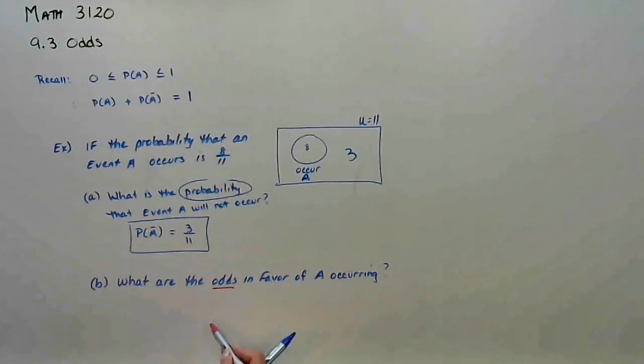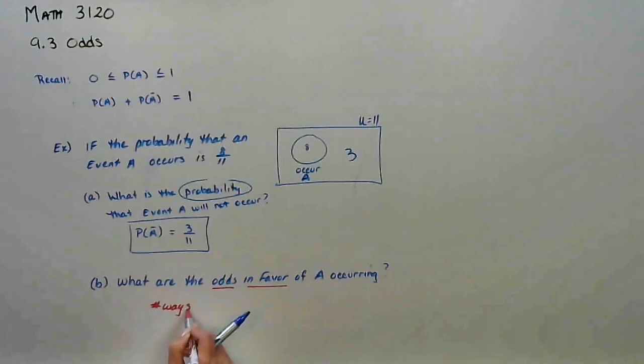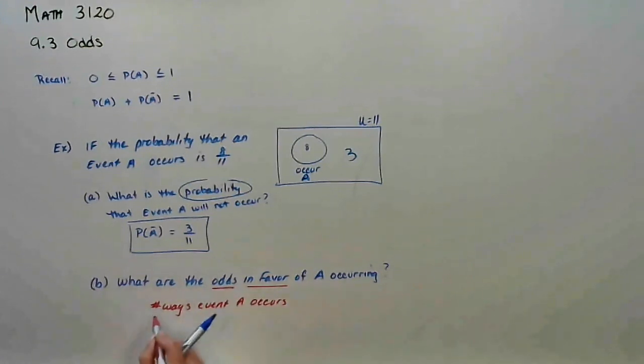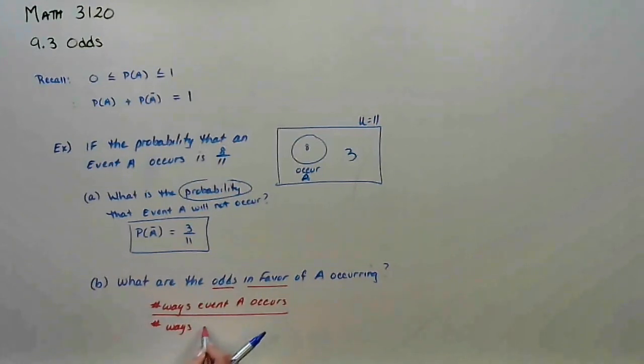Odds is not part of the whole. Odds in favor would be, if I wanted in words, the number of ways event A occurs, not the total number, that would be probability. Odds would mean the number of ways it occurs divided by the number of ways it does not occur.